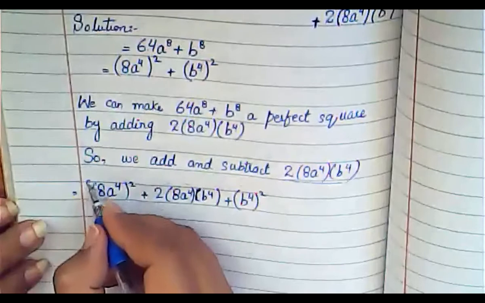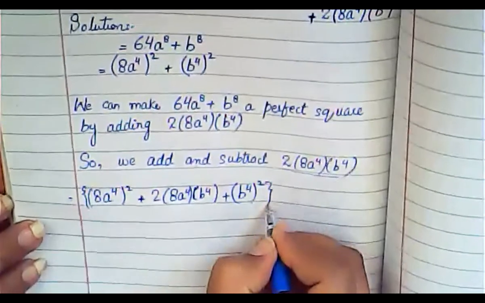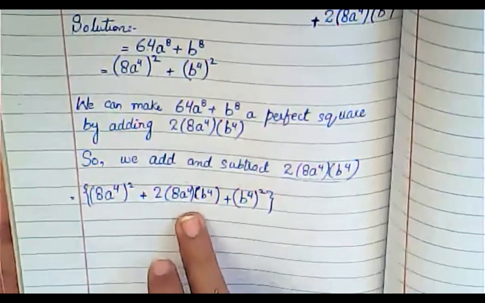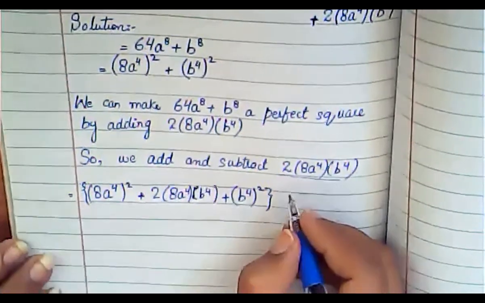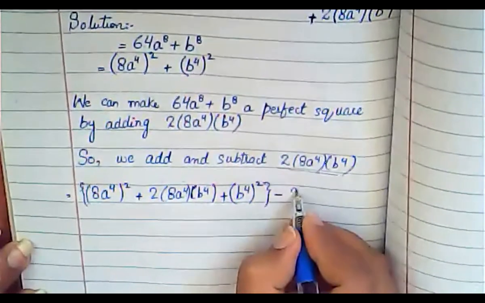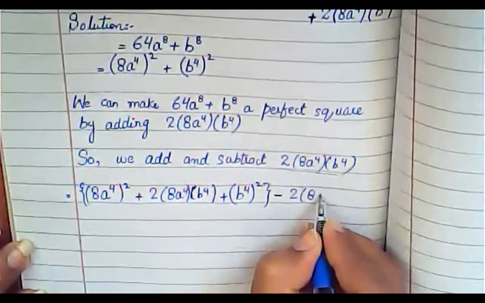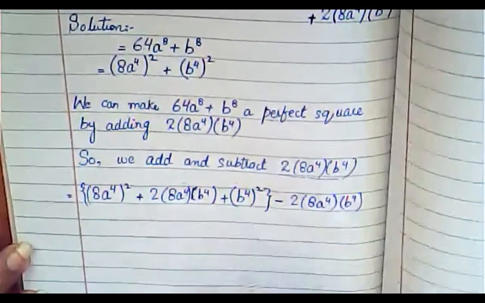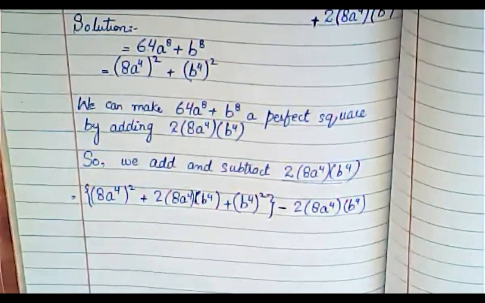Now it will become a perfect formula for us. We have added the middle term, but we have to subtract it as well, so we will subtract it at the end. We will write here minus 2 8A4 B4. Clear? Is this step clear?